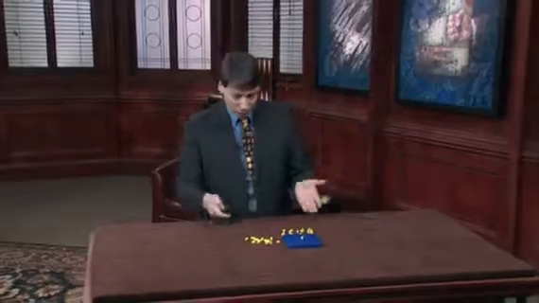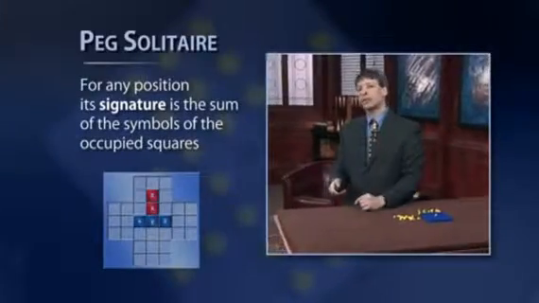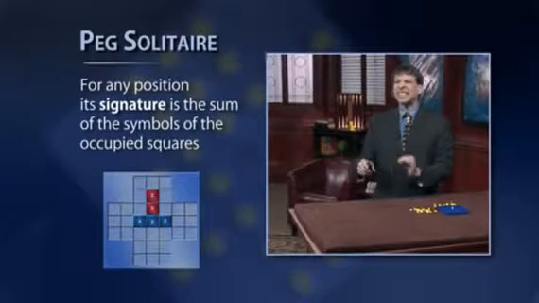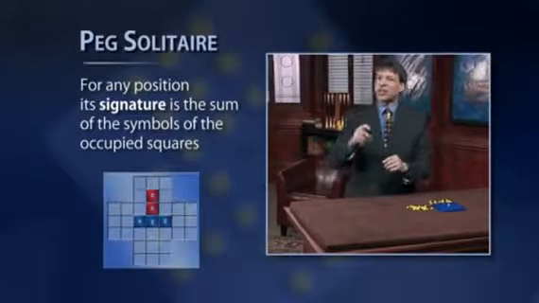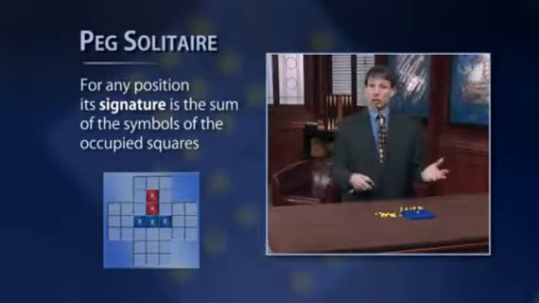Okay, so how do these symbols help us understand peg solitaire? For any peg solitaire position, we define its signature to be the sum of the symbols of all of the occupied squares.